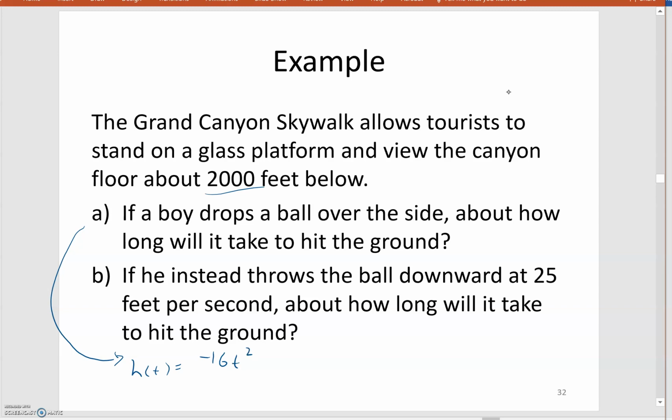Your initial velocity is 0, because you didn't actually throw it, you just dropped it. So 0t would be the next term. You can just not write that because it's 0, and your initial height is 2,000. So the full model is just this, negative 16t squared plus 2,000.